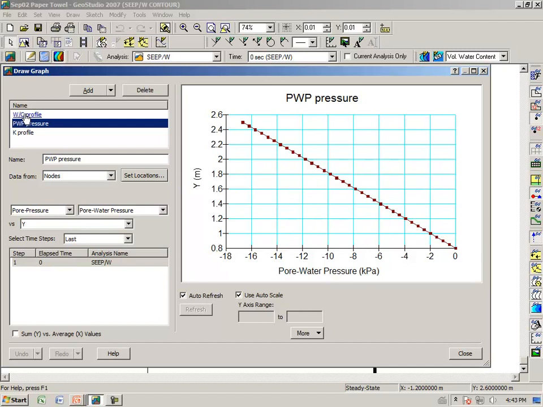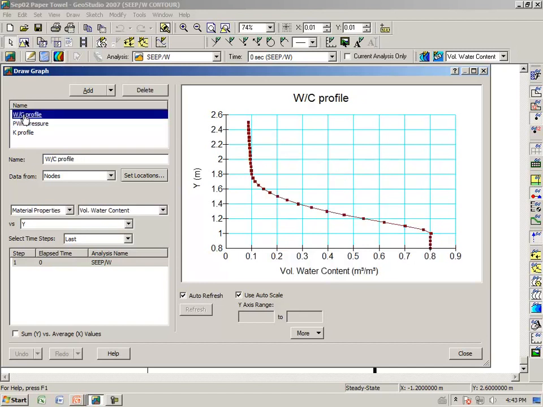We can then plot the volumetric water content function, the volumetric water content profile. And now notice that the water level is at 0.8 meters, and so we remain at the saturated water content until we are at elevation 1 meter.